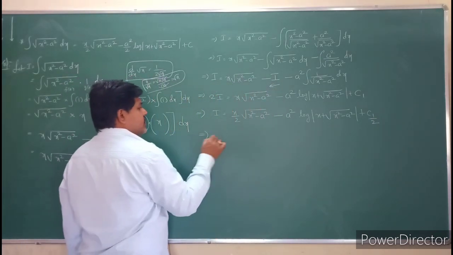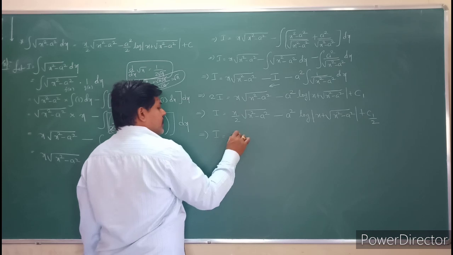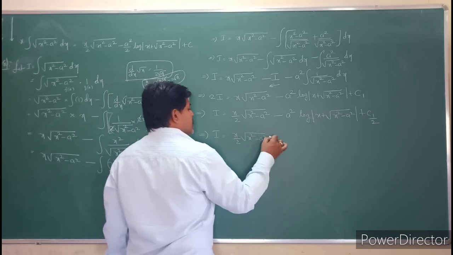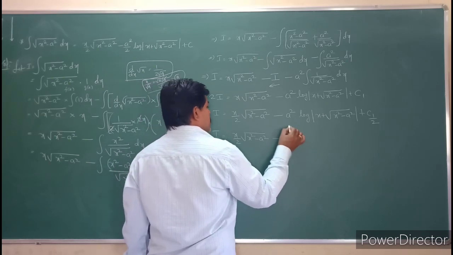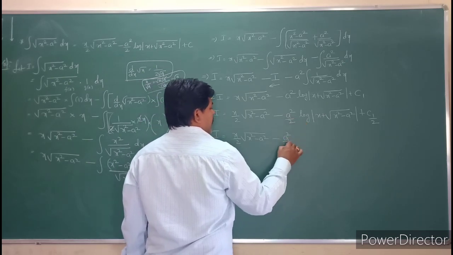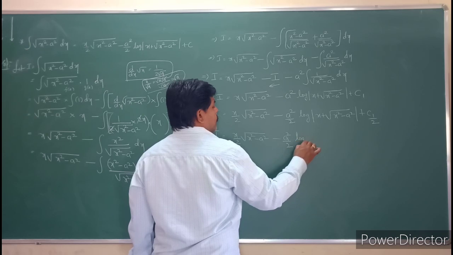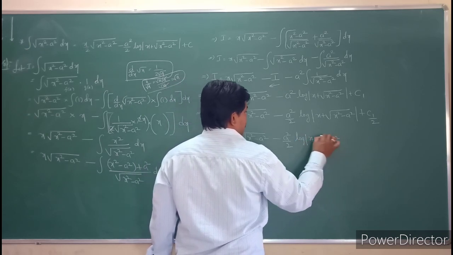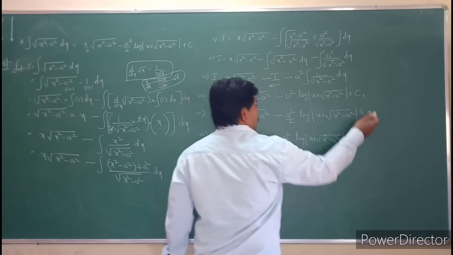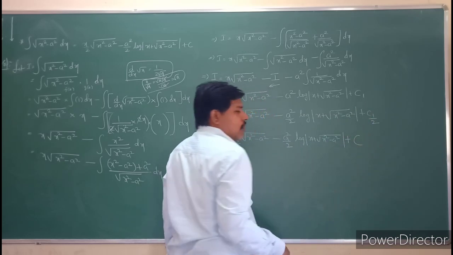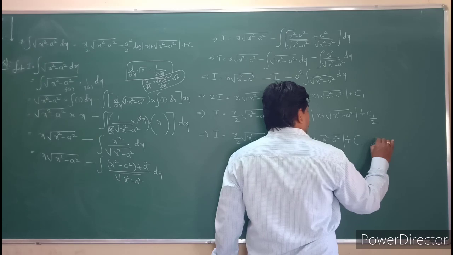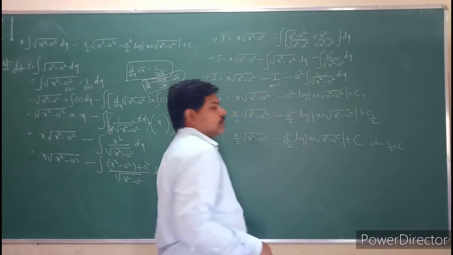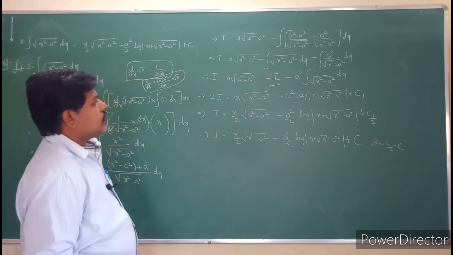So that implies I is equal to x by 2 into root of x square minus a square minus a square by 2 into log mod x plus root of x square minus a square plus c1 by 2. We can take it as an integral constant c, where c1 by 2 is equal to c. You can take one integral constant.